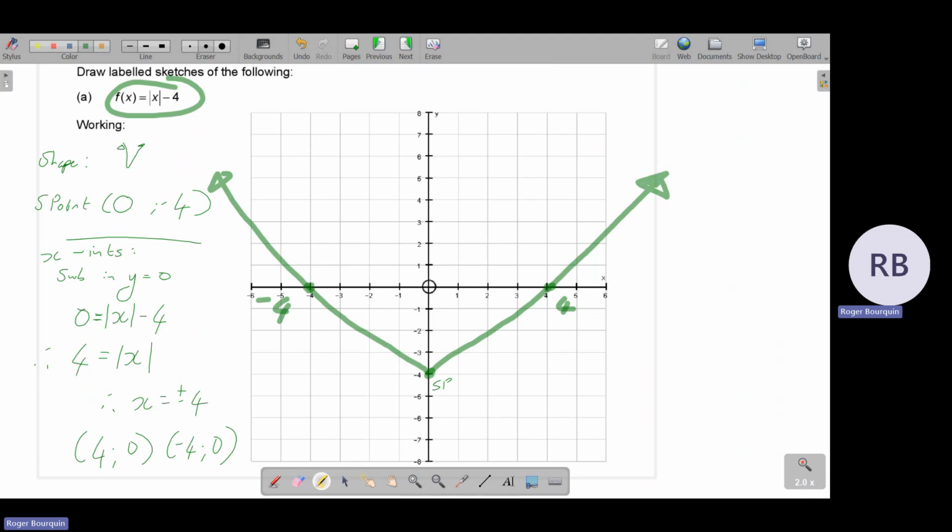Okay, next one. What is the equation of the axis of symmetry? You think you know that. It's the equation of the axis of symmetry.